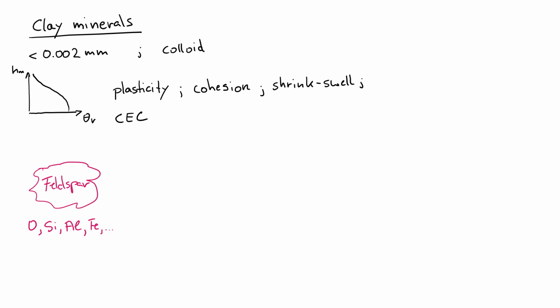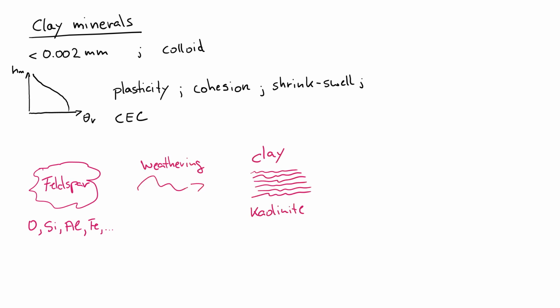And when we talked about this, we looked at the specific example of a feldspar consisting of oxygen, silicon, aluminum, iron, and maybe some other atoms. And as that weathers, we form a very specific clay mineral called kaolinite, and we also release some of the extra constituents into solution.